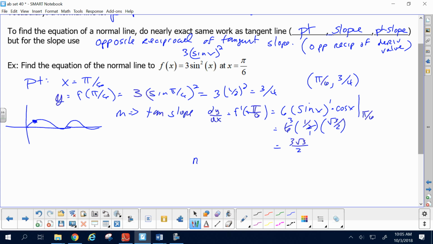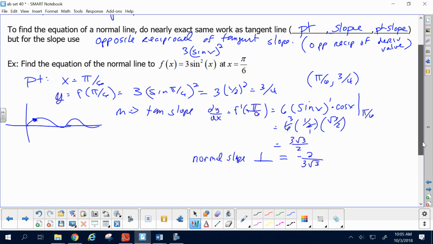Therefore, what's the normal slope, which is the perpendicular? Opposite reciprocal. What is it? You get 2 over 3 root 3. You'll be happy to know that in calculus, I couldn't give a rip if there's a root in the denominator, right? It doesn't matter. I don't need to rationalize it. So leave it like that.